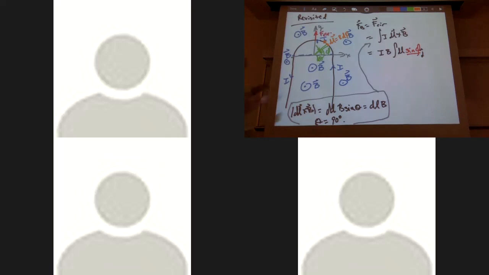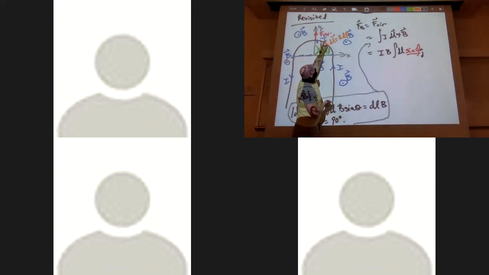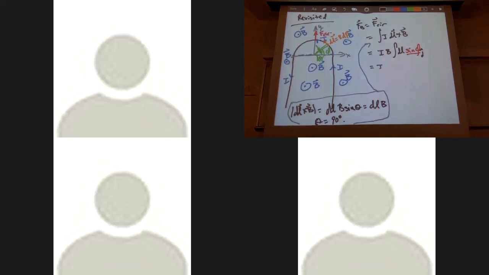So using arc length, the little tiny width of this thing, dL, is the same thing as this constant radius of R times this thickness here, which is simply d phi. So this thing actually ends up becoming I times B times R times the integral of sine of phi d phi. So we actually have to integrate over that sine phi.